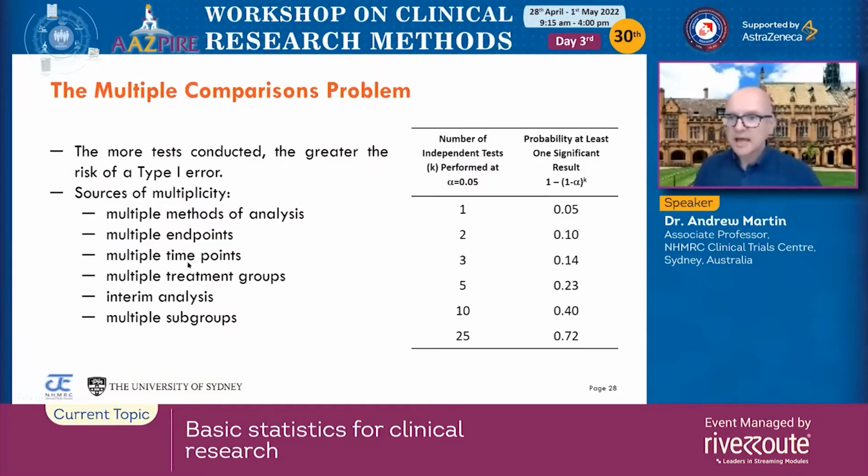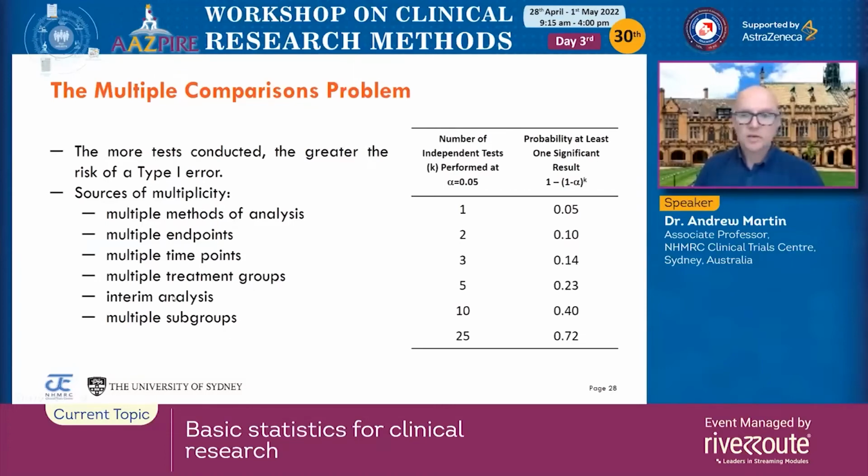We might have measured the same endpoint repeatedly over time, and we're comparing the two groups on a number of different time points. It may not be a two-arm study, it might be a multi-arm study, and so there's multiple paired comparisons that can be performed, and that'll inflate the number of hypothesis tests undertaken.